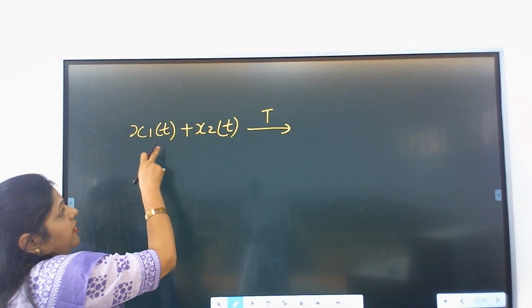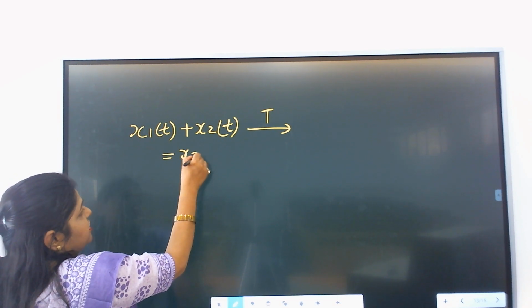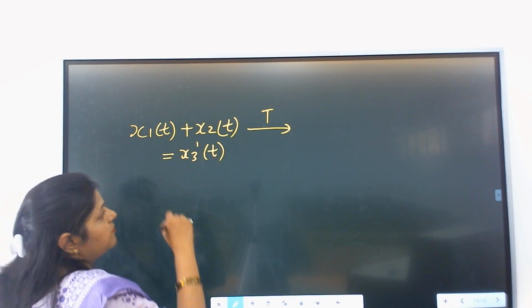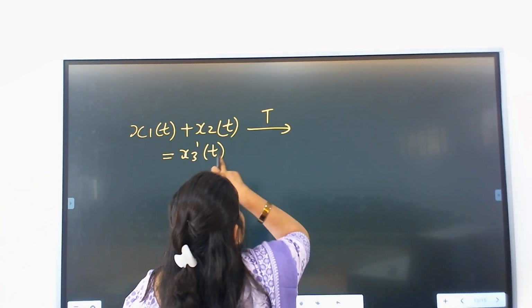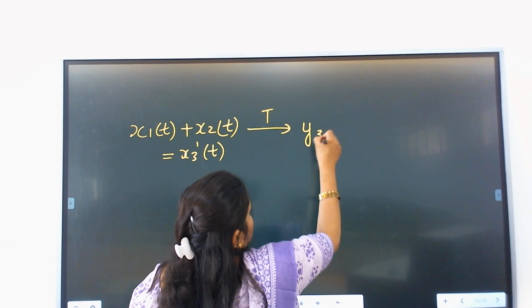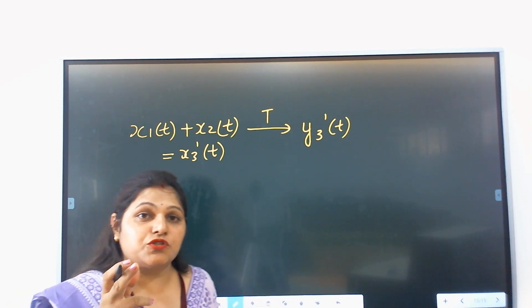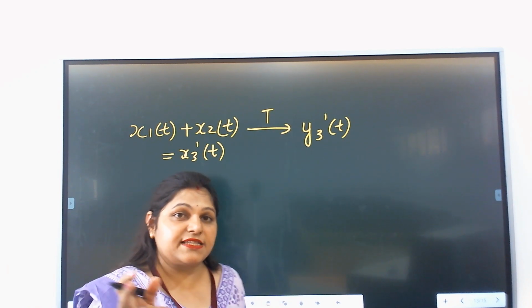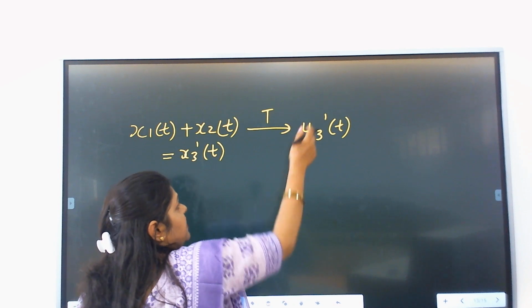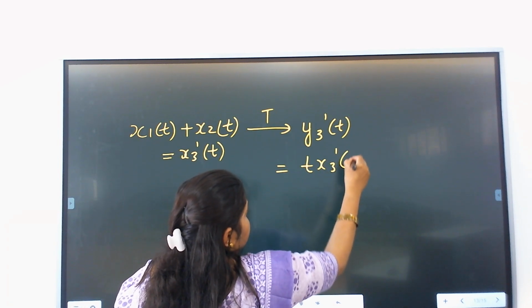We have set x1(t) plus x2(t) equal to x3'(t). When x3'(t) comes through the system, the output is y3'(t), and since y(t) is given as t x(t), y3'(t) equals t x3'(t).